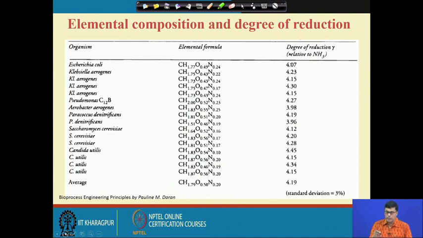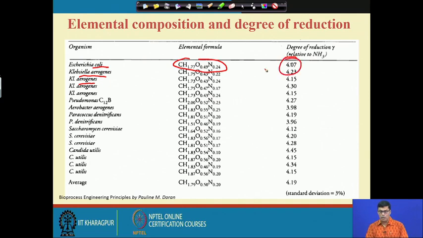Now, here I have given some typical examples of elemental composition of different biomass, like Escherichia coli. This is the empirical formula we have. Then Klebsiella aerogenes, and so on, with the respective degree of reduction.